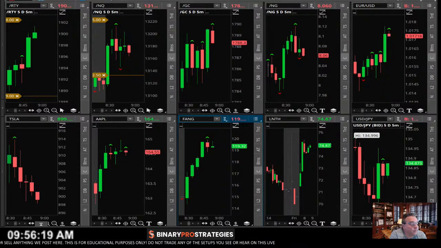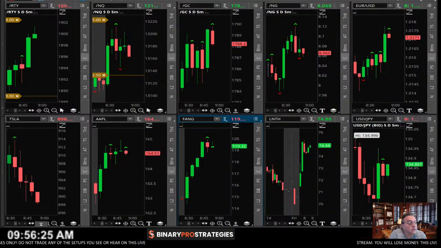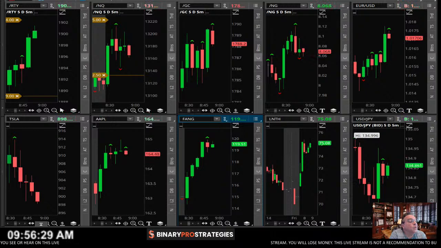Looks like Apple possibly is going to go higher. I'm not actually getting a buy signal, but the next level up on Apple is going to be 165.13. 165.13 is the next level up.